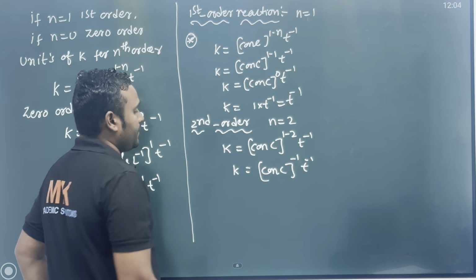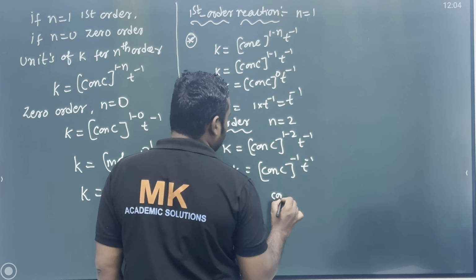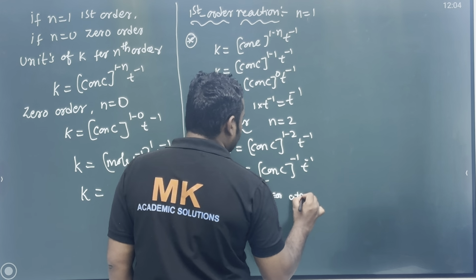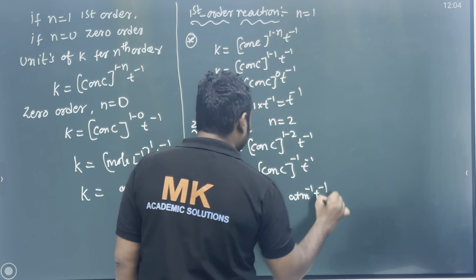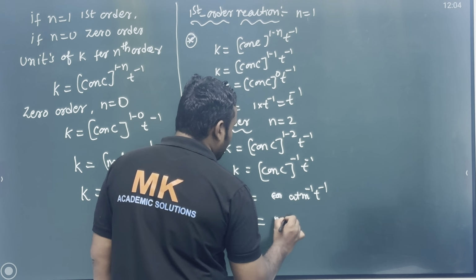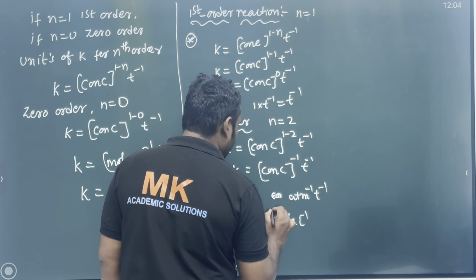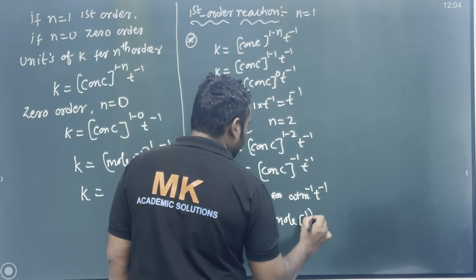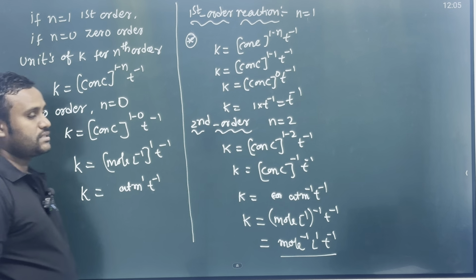So K is atmosphere to the power minus 1, time inverse, or moles per liter to the power minus 1, time inverse, or mole power minus 1, liter power 1, time inverse. So these are the units of K.